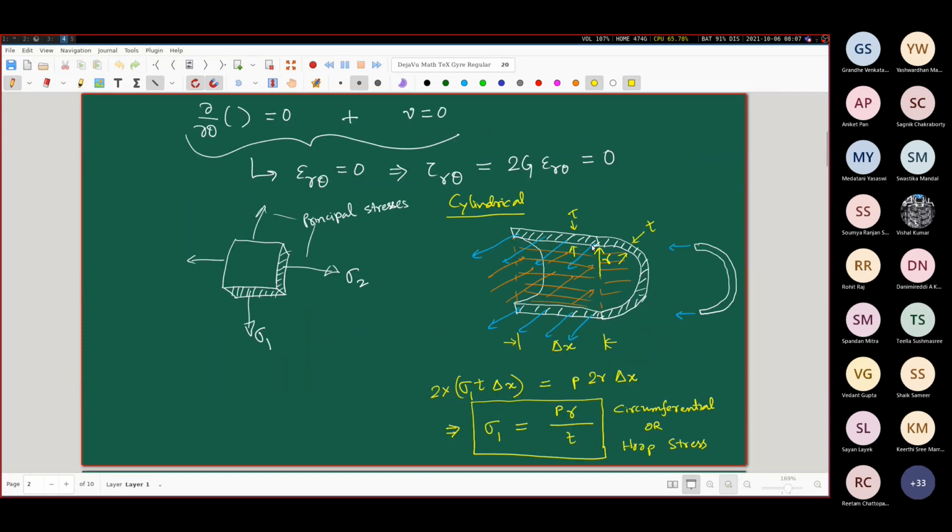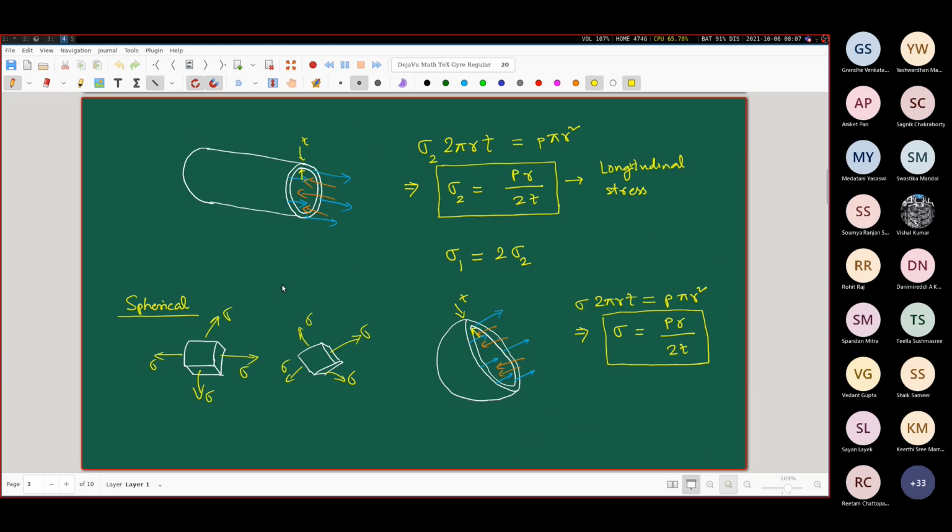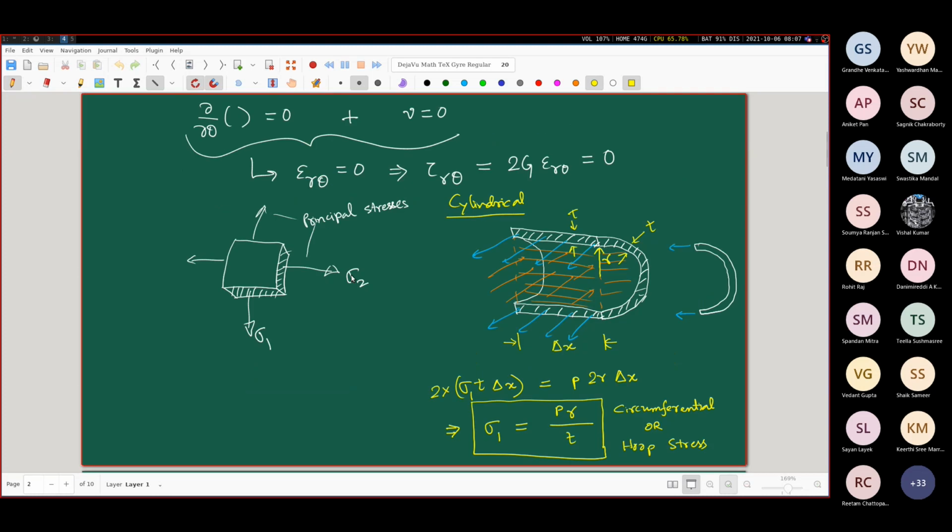So either on this plane, or suppose we consider this hatched plane, or perhaps this plane. What is the component of the shear stress which is actually 0? I had mentioned that tau r theta equal to 0.